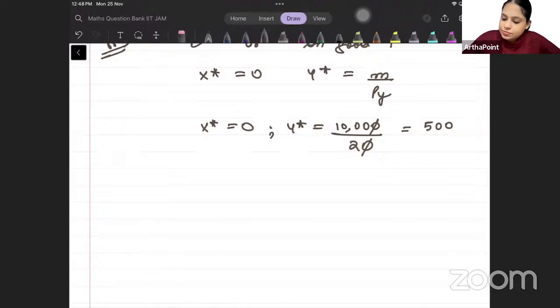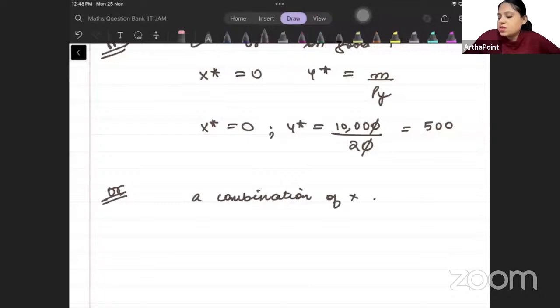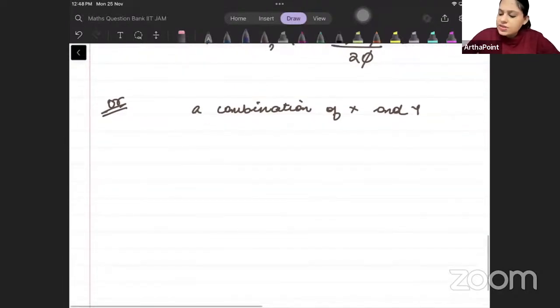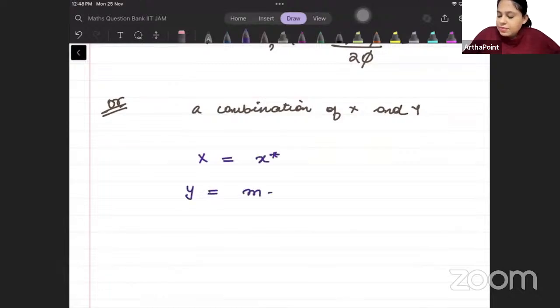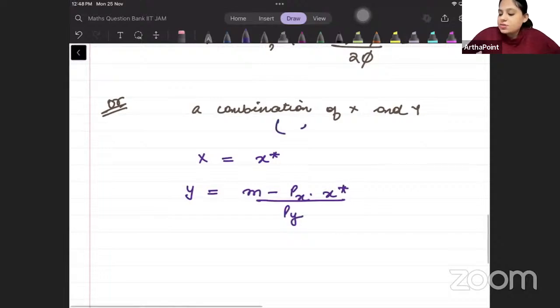Or a combination of X and Y, which means that he can say, okay, I will consume some amount of X. So my X will be some X star and my Y will be M minus PX into that X star by PY, which constitutes the entire budget line.